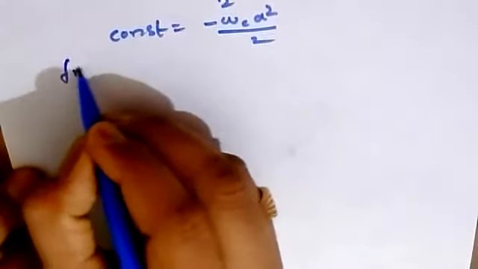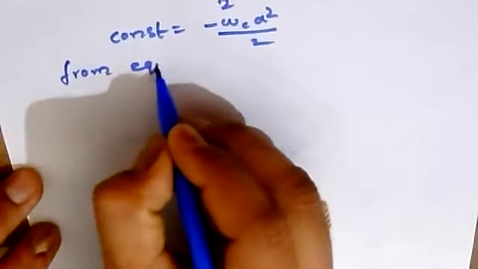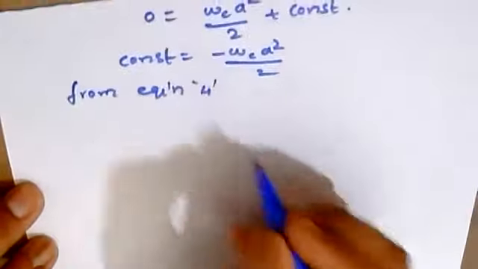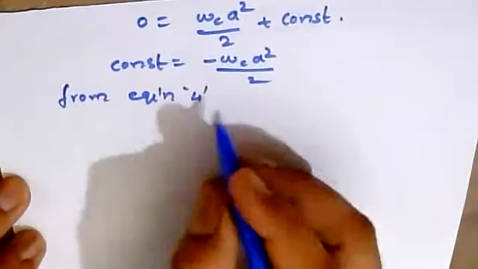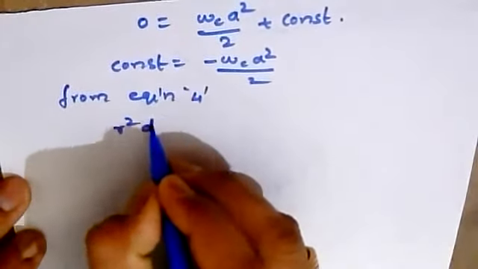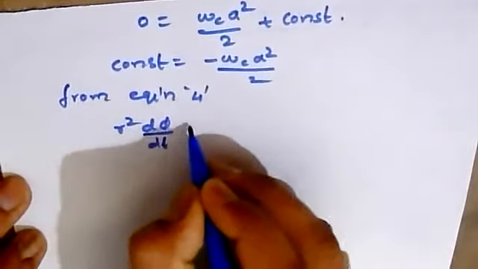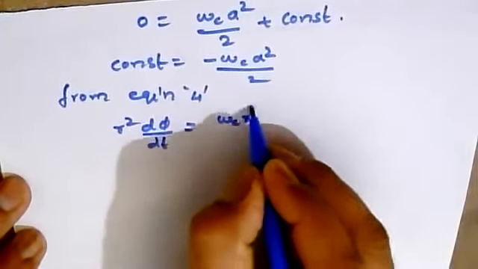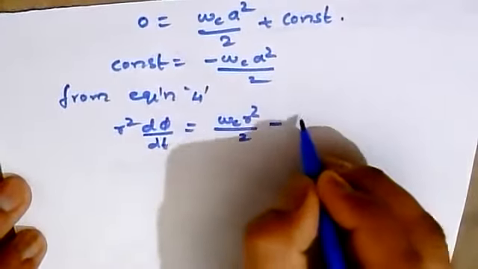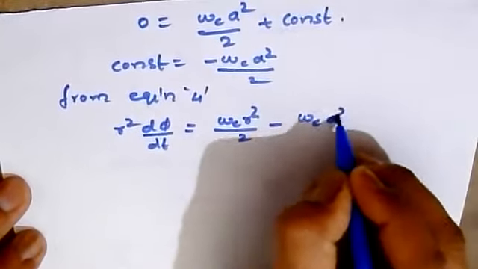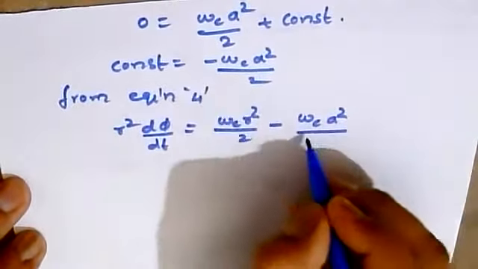So that can be written from equation 4. From equation 4, we get R square dφ by dt as it is, and omega C R square by 2 as it is, minus the constant value, which is replaced by omega C A square by 2.